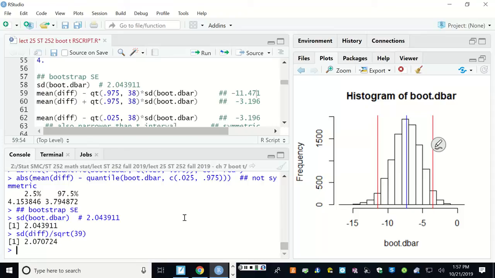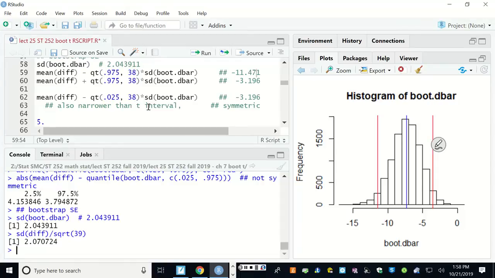But if you do the standard deviation of the bootstrap values, you get an interval here. It's a little narrower than the t-interval from before. It is symmetric. So it's kind of like the t-interval, but a little bit narrower. The book emphasizes that standard error sometimes underestimates a little bit. So it's maybe not the best choice.